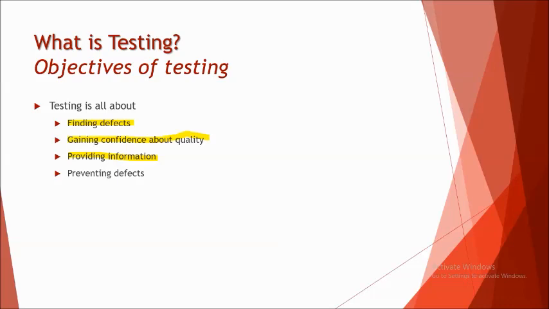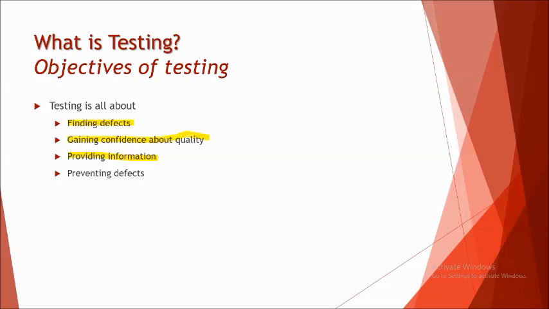So there are a lot of ways by which testing can help provide information about the quality, about decision making, or about taking an alternative action to tweak the plan and come back to the schedule to deliver on time, and also definitely deliver the agreed quality of the product.